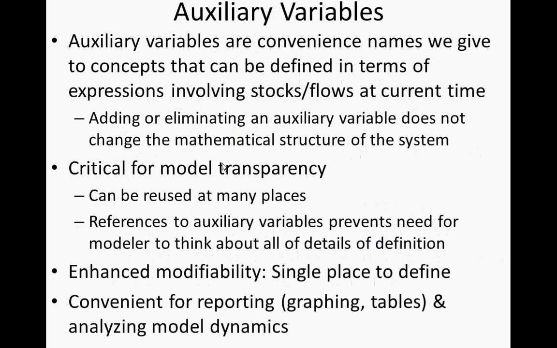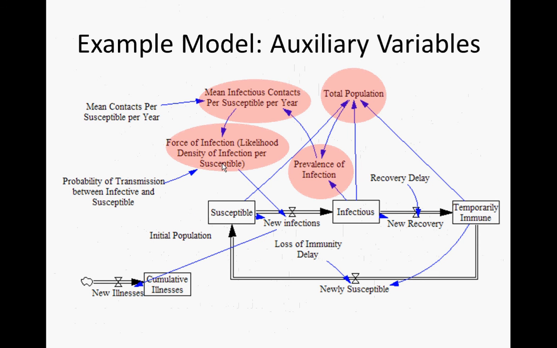And different models will have different things. So, for example, in this model here, we might have total population as an auxiliary variable. It's a convenient name for the sum of number of susceptible, infectious, and temporarily immune people, because that's the entire population. We might sum those up to yield the total population. Convenient. We can refer to this as the population size.